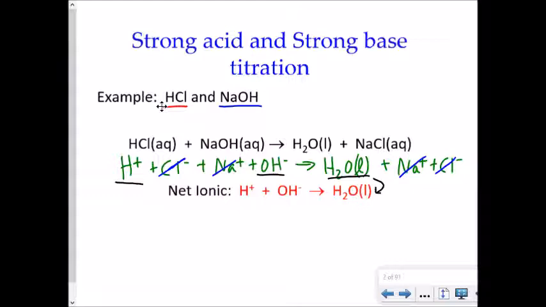And you would cancel out the spectators, in this case sodium and chloride are both spectator ions, not participating in the reaction, and you end up with your net of just hydrogen plus hydroxide giving you water. Strong is always going to be that particular net ionic. The other ones should always cancel out. The other elements that are in the salt will always cancel out for a strong combo.